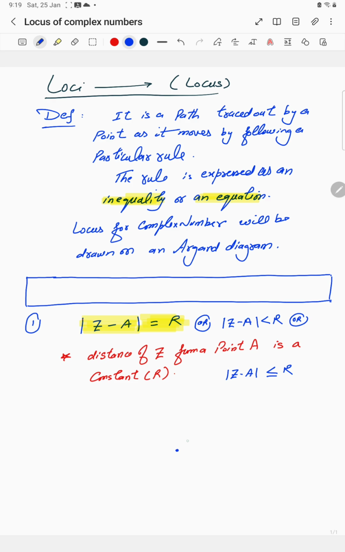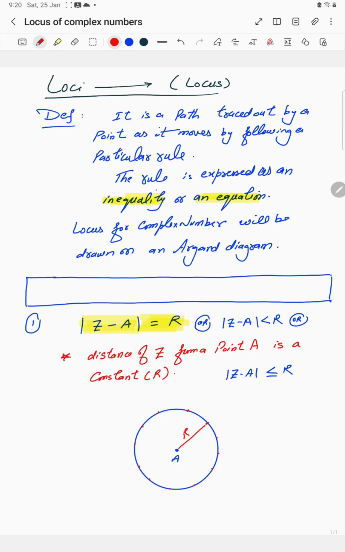Suppose z is somewhere and this is the constant point A, and z is like a circle whose center is A. So z can exist on the circumference of a circle, because it is a constant distance from A. So the constant distance is r. r is called the radius, and A will be the center of the circle.